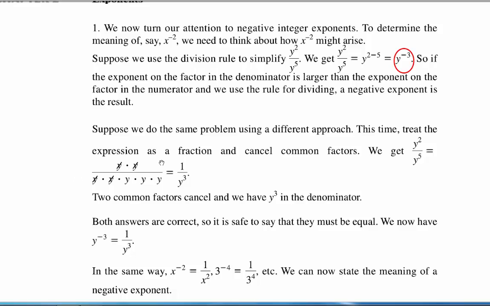When we cancel out common factors, we're left with 3 y's on the bottom, and we would just have a 1 on the top. So y to the negative 3 can be written as 1 over y cubed. Both of these answers are correct, but I prefer my final answer to be written with positive exponents. So instead of leaving your final answer as y to the negative 3, you'd have 1 over y cubed.